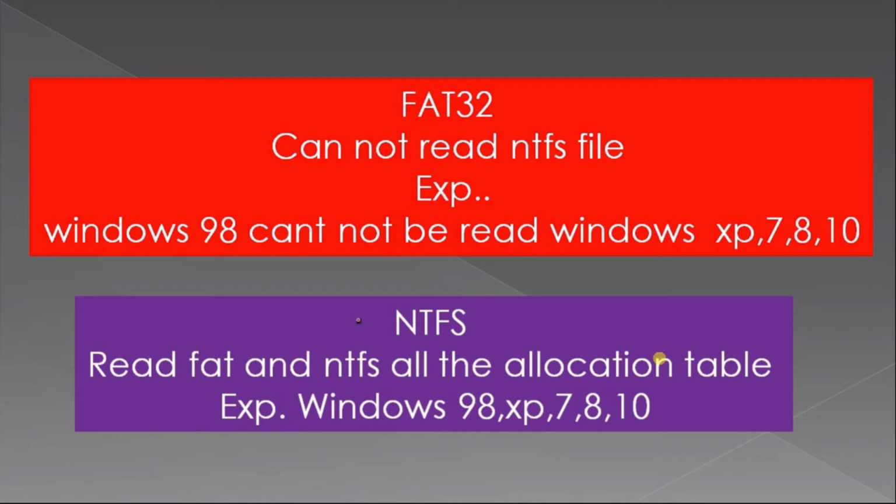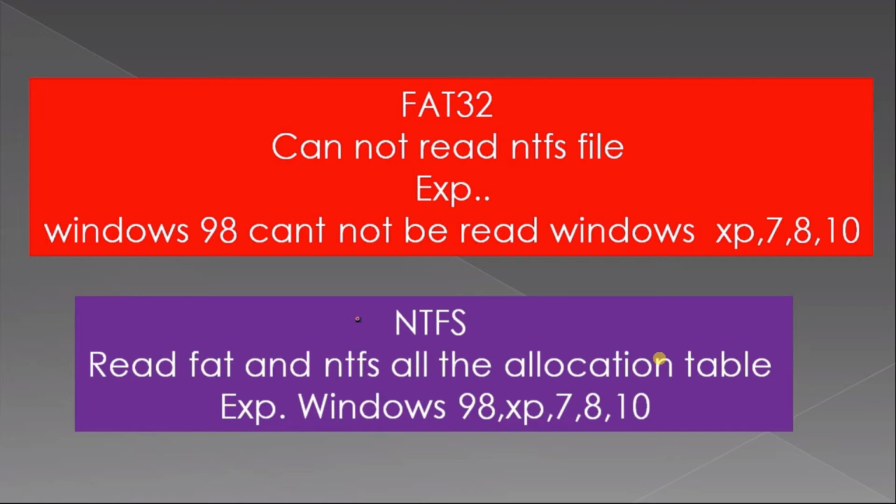And FAT32 cannot read the NTFS file system. It is the big difference between Windows 95 or XP and Windows 7 or 10. Windows XP and Windows 98 cannot read the Windows 8 or 10 file system, because FAT32 cannot read the NTFS file system. But the NTFS file system is able to read FAT32.